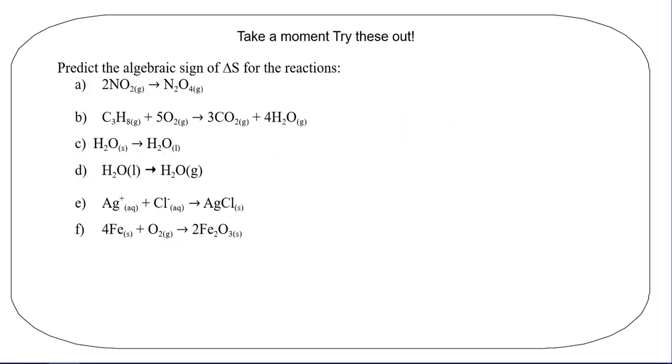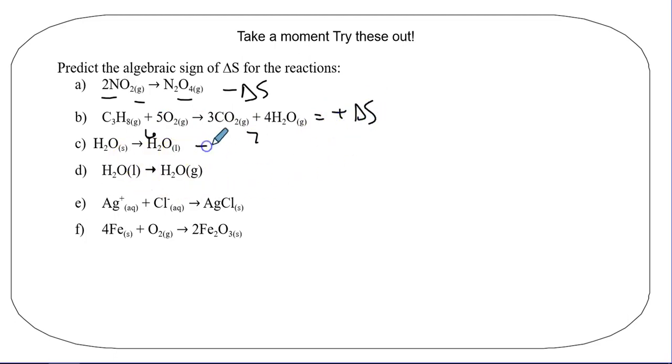Okay, so let's try estimating a little bit here. You should try them on your own. I'll do maybe one. You try them on your own as best you can. What's happening to the movement over the course of the reactions? 2 gases to 1 gas. That's losing movement. If that makes sense, you try the rest of them on your own. I have 6 total gas particles here, and I have 7 over here, and therefore we are increasing movement.